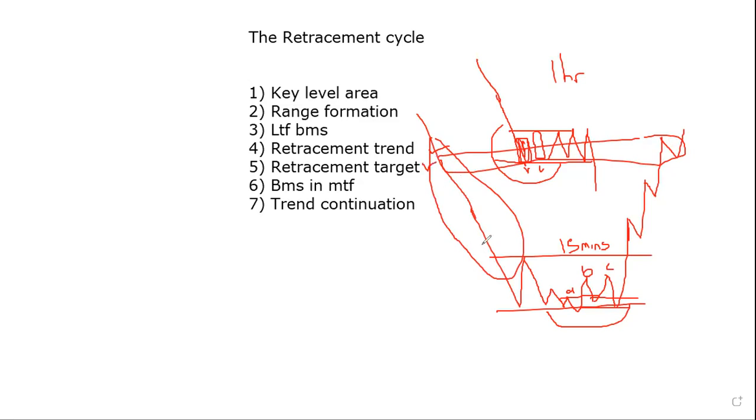They are going to change their hand, just like they did here to start this. They are going to form another ABC pattern. We have the break in market structure to give us A. We have the close below market structure to give us B. Then we have a little pullback. Then we have the C to confirm the continuation of the trend. So this BMS is what you want to see in the 15 minutes time frame.